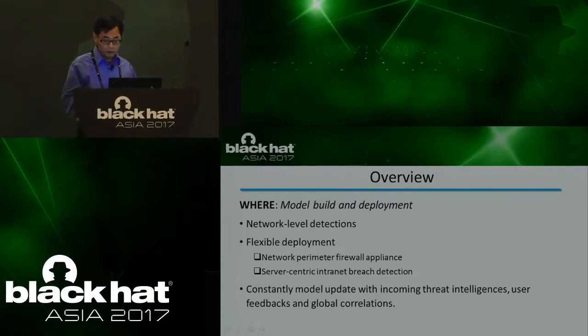Our model is built offline, but we can also do it in the cloud and do the periodic update. We look at information not just based on incoming threats. We also look at device feedback, and we have global correlations. We look at the geos, because some locations might have special kinds of events that might cause a false positive.